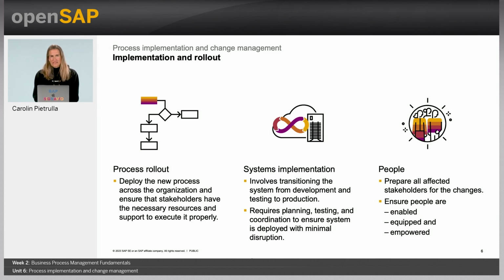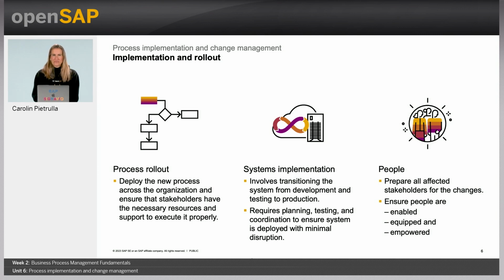The technical implementation usually is a project on its own. Ideally, systems are tested in a test environment, and after successful testing, they are moved to a productive environment. All technical rollout activities must be planned and coordinated to ensure a smooth transition.